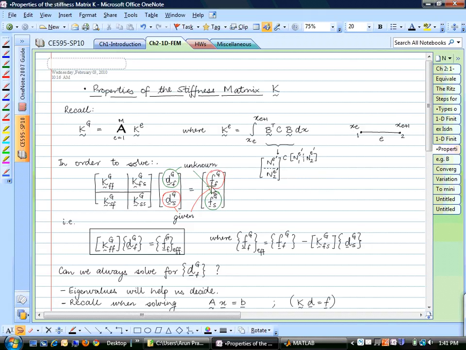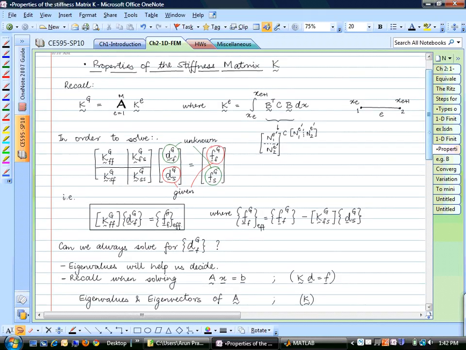And just writing out again in the form of the boundary conditions, normally the equation that we are trying to solve is k times d is equal to f, where this f, the right hand side vector, I'm denoting as an effective force vector. So this effective force vector is nothing but what we had before, the actual force vector minus the forces that are coming from the specified portion of the boundary. Okay, so once you solve for this, you will have the solution.